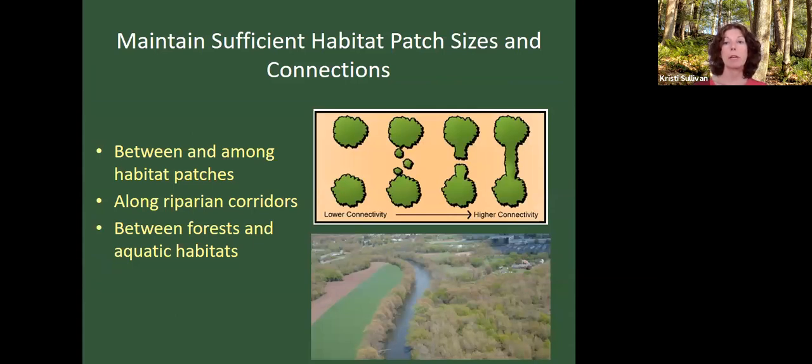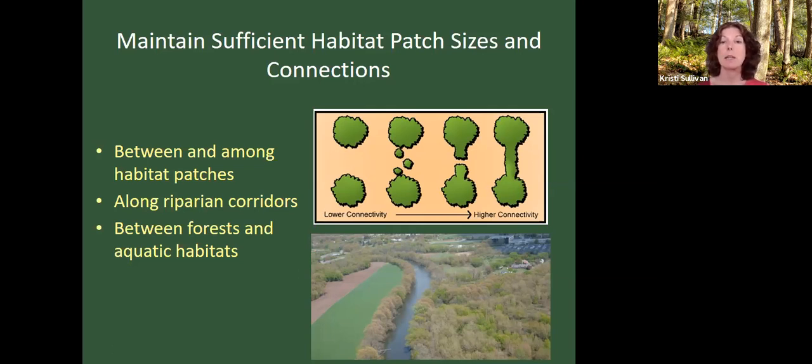Okay, in addition to looking at the big picture, you might also consider maintaining sufficient habitat patch sizes and connections. I mentioned that a little bit in the one picture that I showed. But really what this means is, if you look at the illustration at the top here, you have two small areas of forest with no connections.